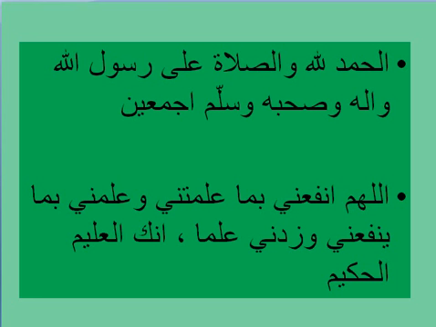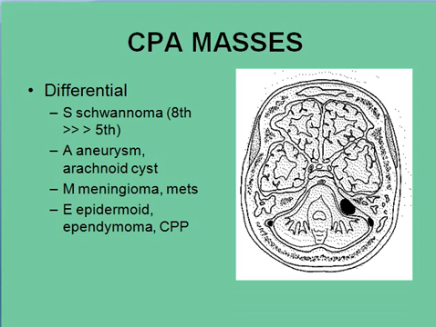My topic today is about differential diagnosis of internal auditory canal masses or CPA angle masses. The main differential of these masses is with the mnemonic of the word SAME.